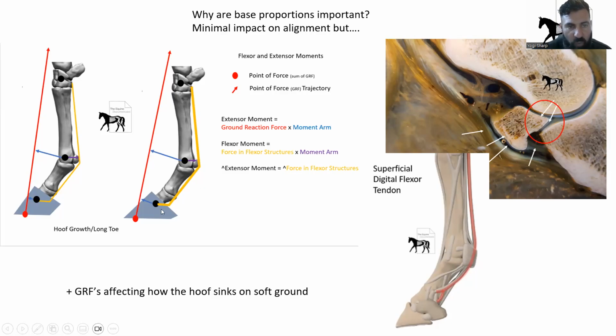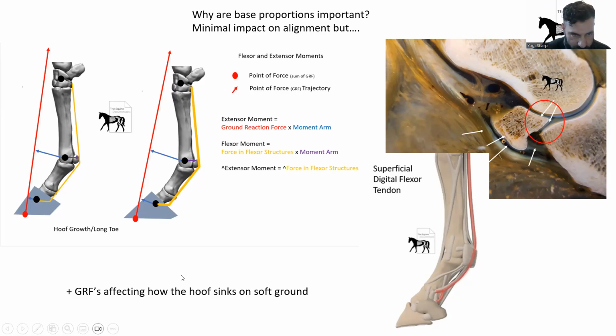So not only if we have poor alignment do we have increased strain in these, but if we have a long toe and poor proportions around the center of rotation, we also increase strain in those areas. So if you can imagine we have a long toe and a low heel, then we have the double effect on these structures. So we have to start measuring this stuff, okay?